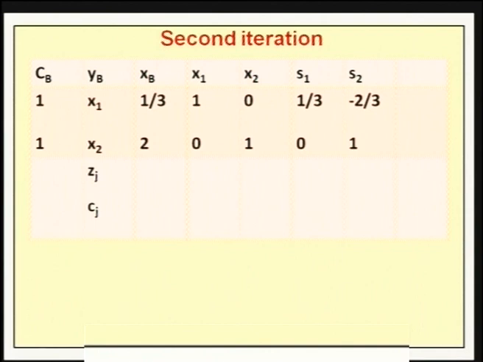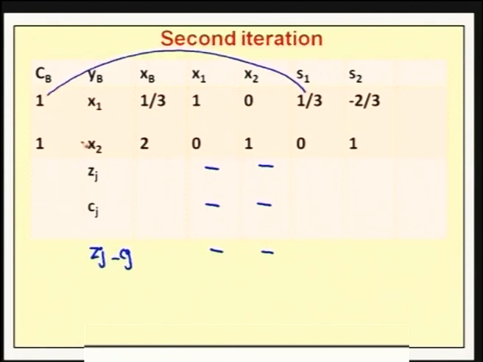Now, since x1 and x2 are in the basis, for such basic variables Zj minus Cj value is always 0. Therefore, we need not compute Zj minus Cj for those basic variables. Now, for S1, the Zj value is 1 into 1 by 3 plus 1 into 0, which is 1 by 3 plus 0, which is 1 by 3.